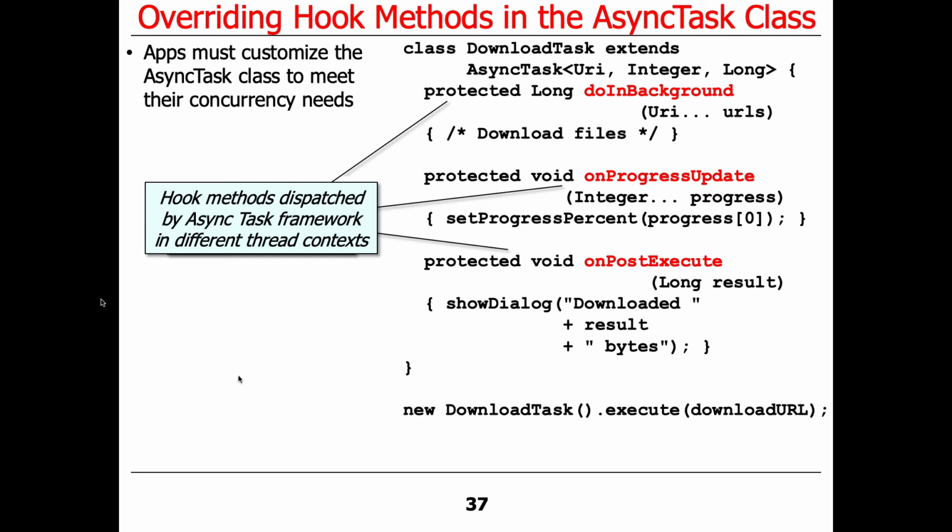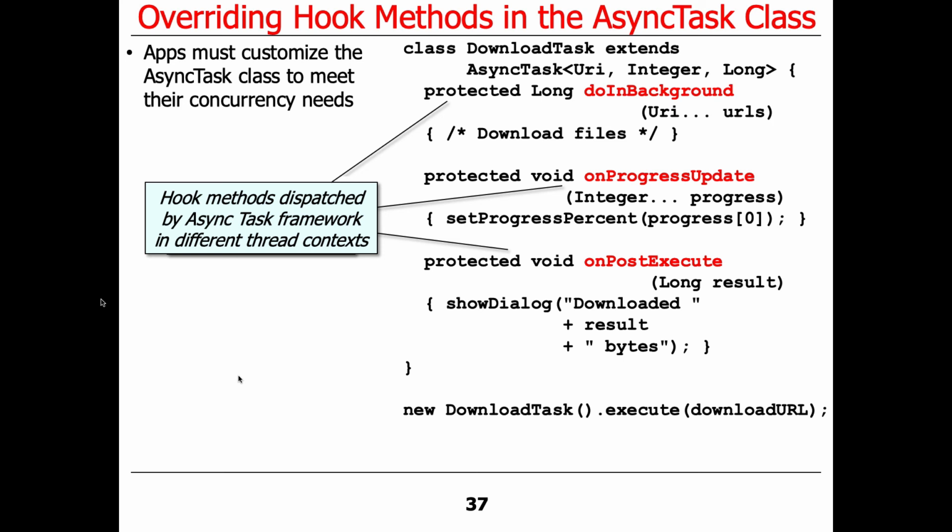And then when we're all done, we could call OnPostExecute, and that would indicate we downloaded 100 bytes or 1,000 bytes or 1,000,000 bytes, whatever. You'd assume that doInBackground would return the size of whatever it downloaded as its result, which is a long, which gets passed here. Okay, any questions about that?